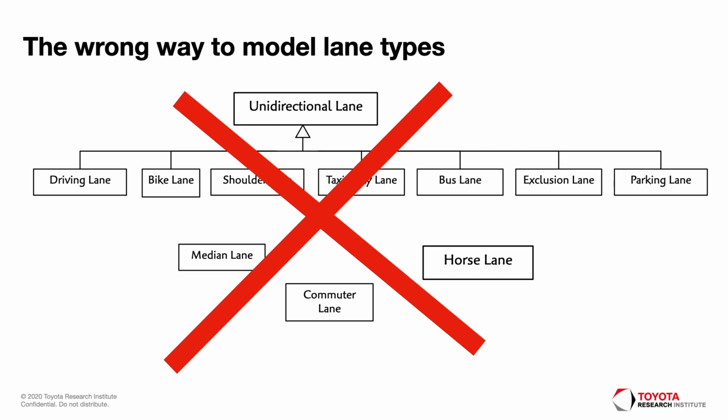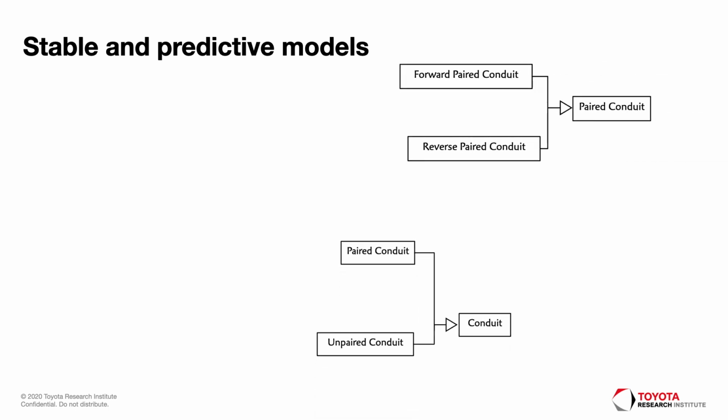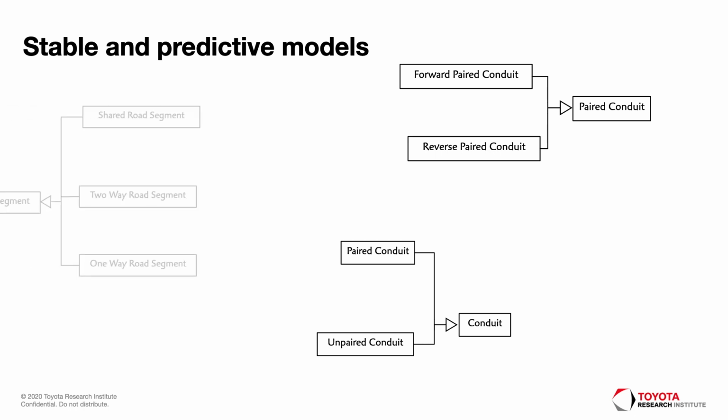The endless inventory approach leaves us with an always incomplete and uncertain model. A model that has to change every time we see something new is reactive, not predictive. Think about the specializations we have done before. Left-right edges, paired and unpaired conduits, 3 road segment traffic flow possibilities, and so forth.